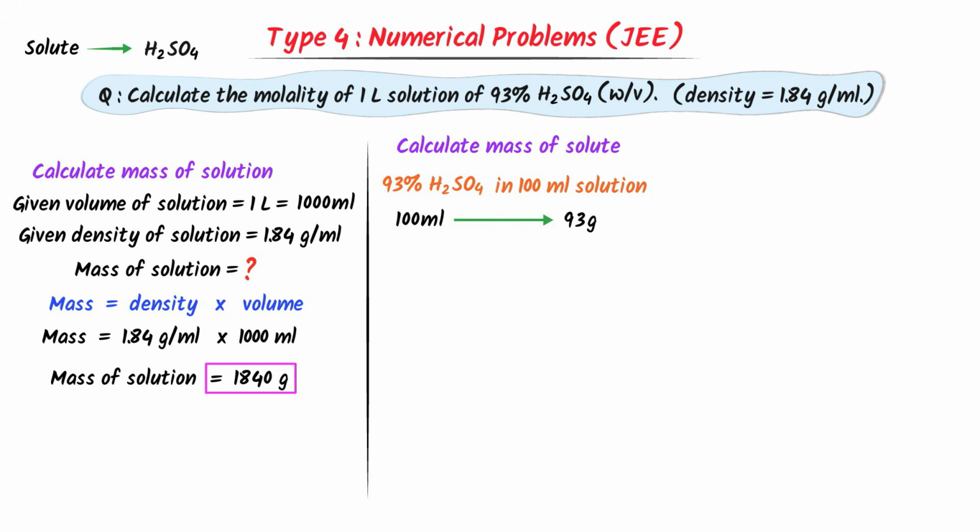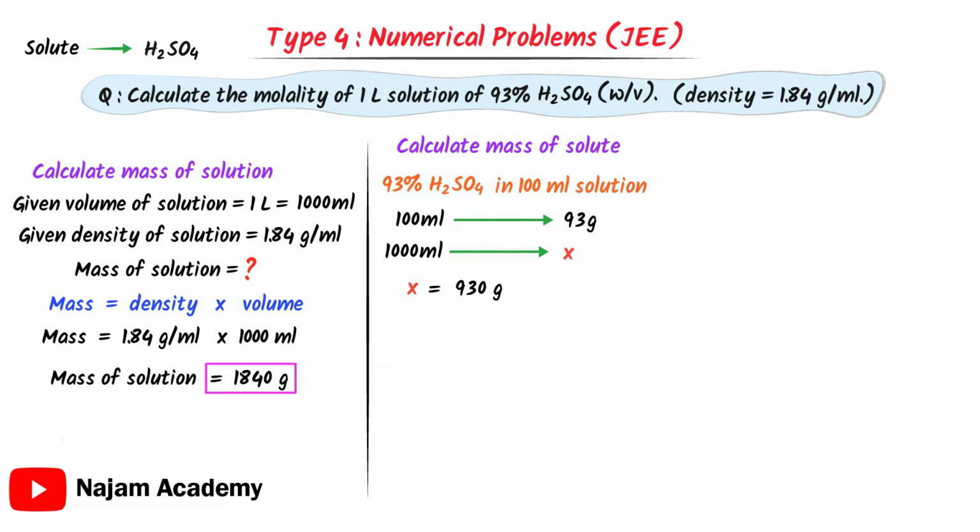Now I say in 1 liter or 1000 milliliter, x amount of H2SO4 is present. After cross multiplication, I get x is equal to 930 gram. So the mass of the solute is 930 gram.